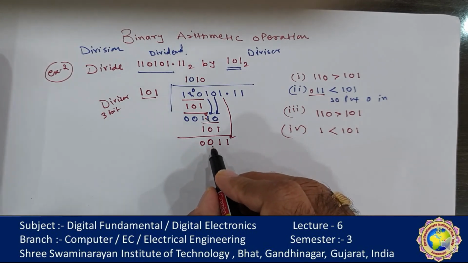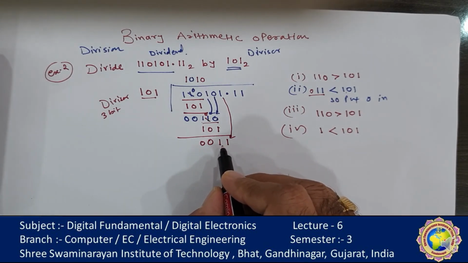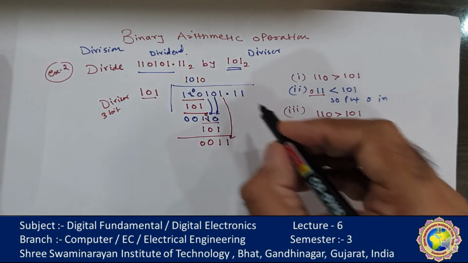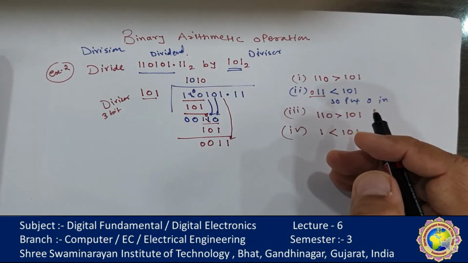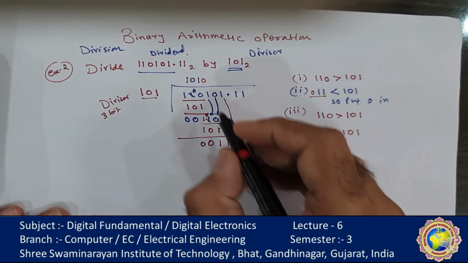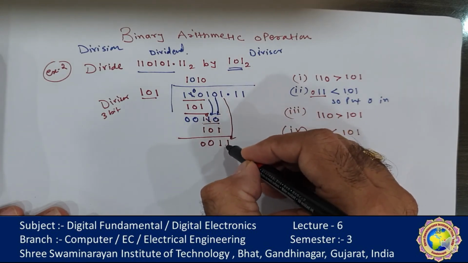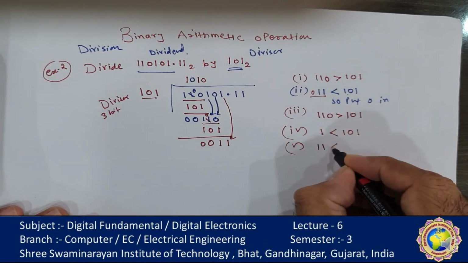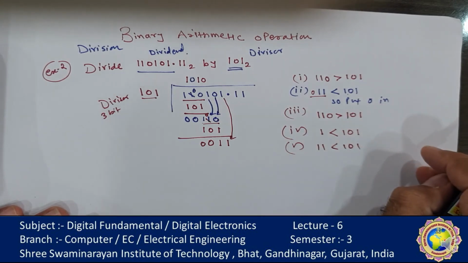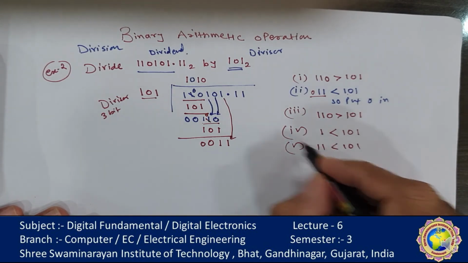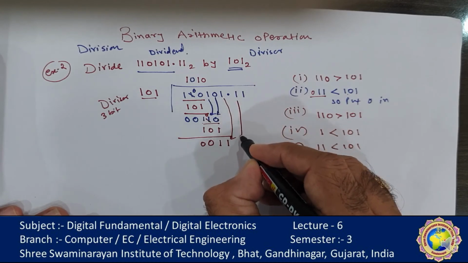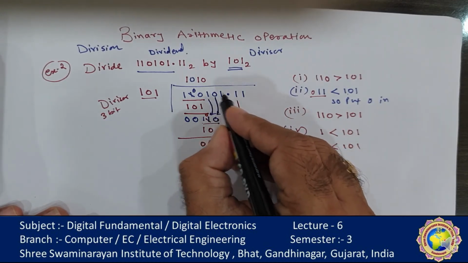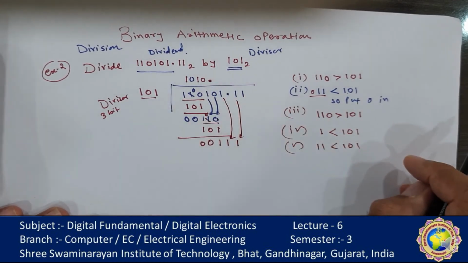The 011. Again we have to take. So we put 0. Now 11 is also less than 101. So that means we have to take one more number here. But at that time the fraction point is there, so we have to put the fraction point.